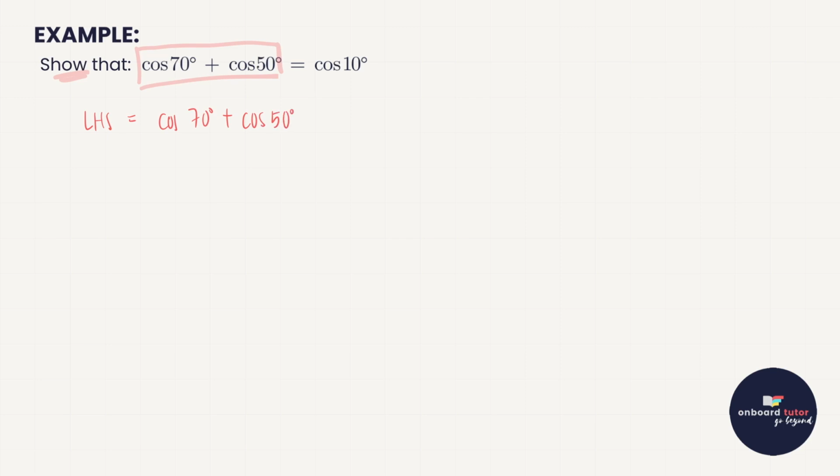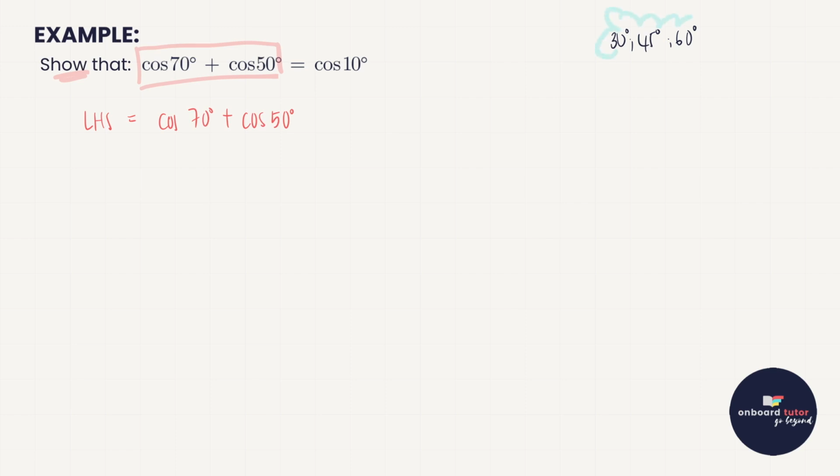Okay, and now I need to try and think logically, how can I get something to do with 10 here? And if ever I'm given something like this, a big hint for me would be to think about those special angles. So we've got 30, 45, and 60. That's happening in the back of my mind.